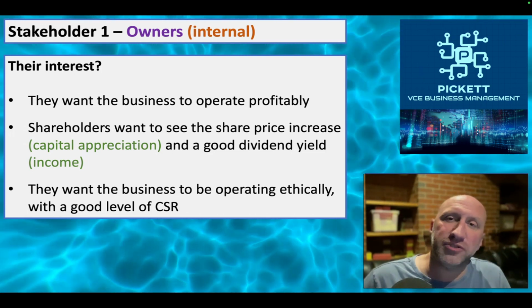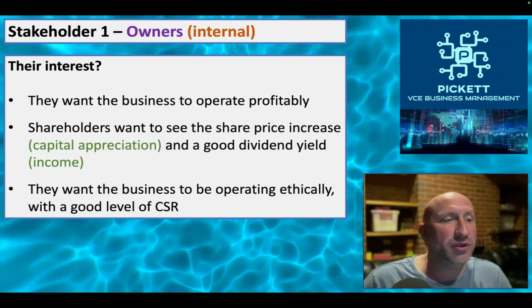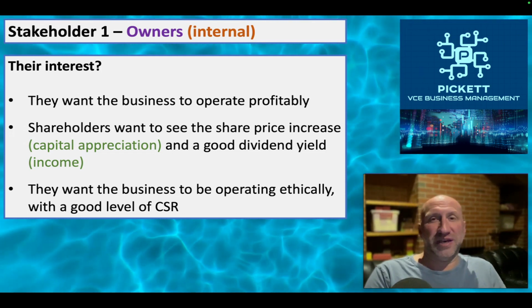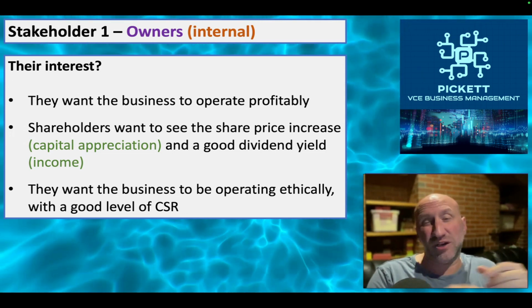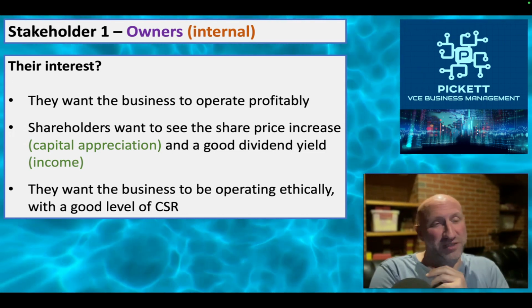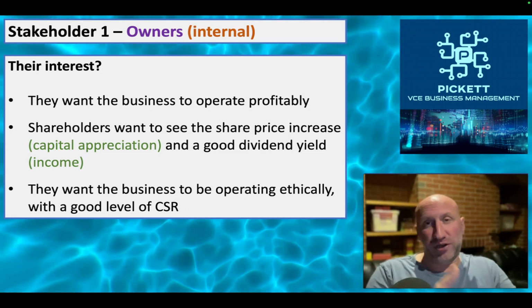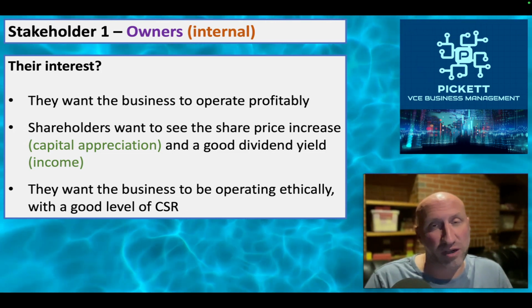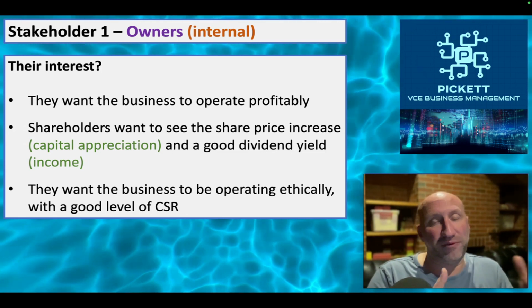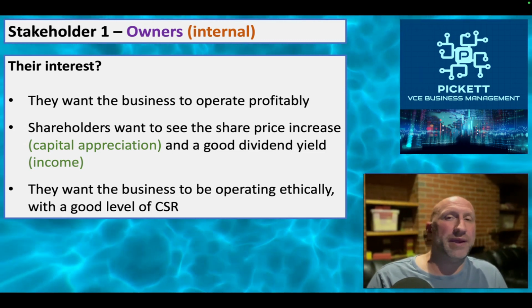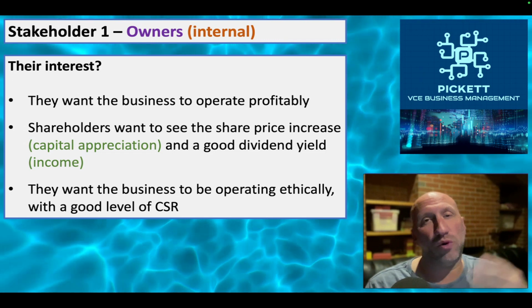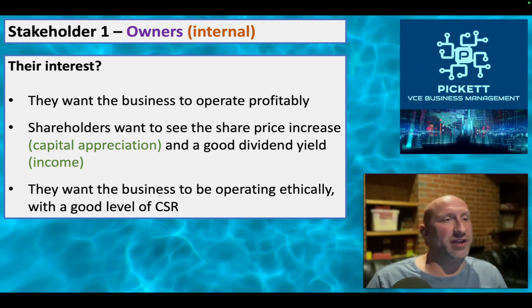But for those for whom this concept is new, once I've talked about the stakeholders, I'm going to look in a little more detail at corporate social responsibility. It's going to crop up a few times as I look at the interests of these different stakeholders, so it's a very common theme. I'll explain what it is shortly in this video.